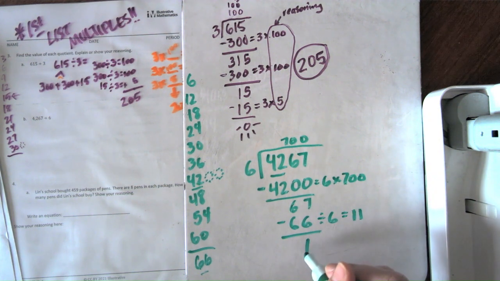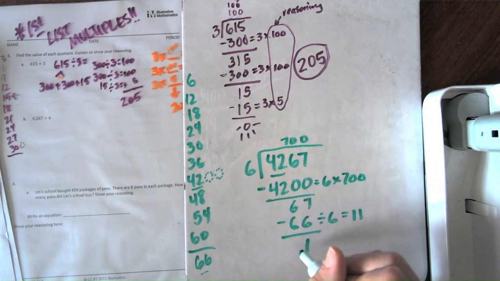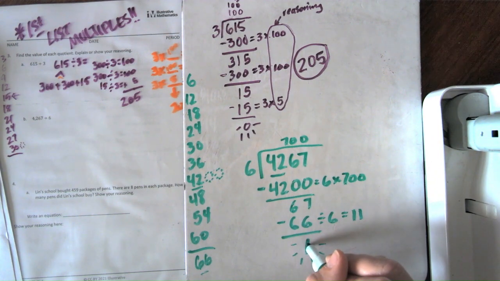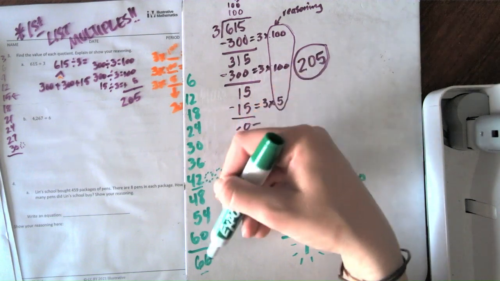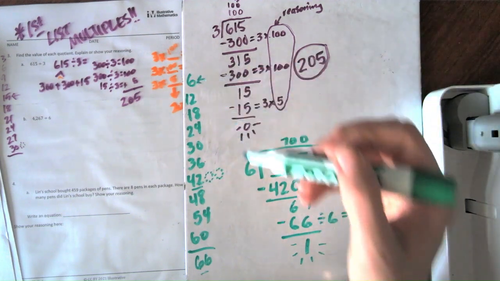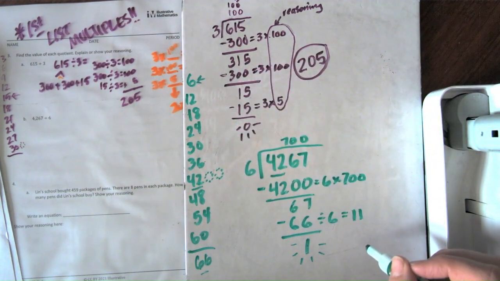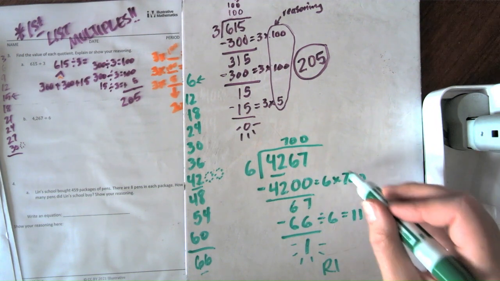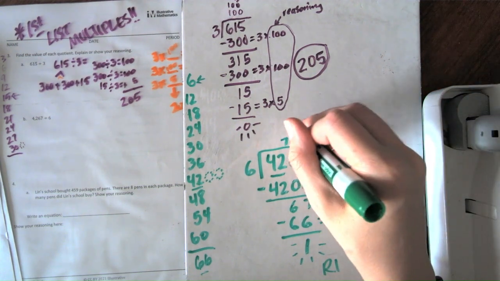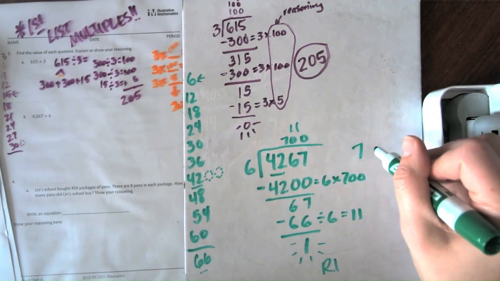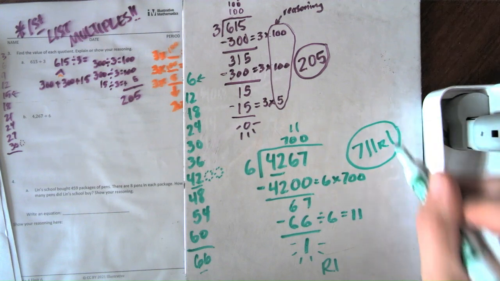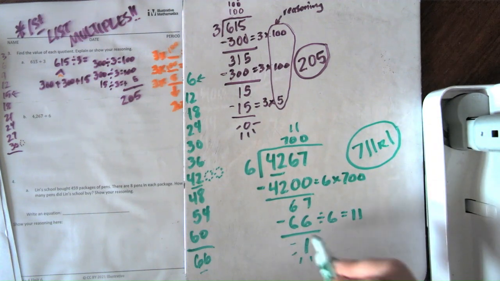But here's the kicker. Once I have subtracted down as far as I can, and this number becomes a number that is smaller than anything in my list, then that tells me that I now have a remainder of 1. So my 700 is up here. My 11 should be up here too. That is 711 with a remainder of 1 because I couldn't subtract out any more.